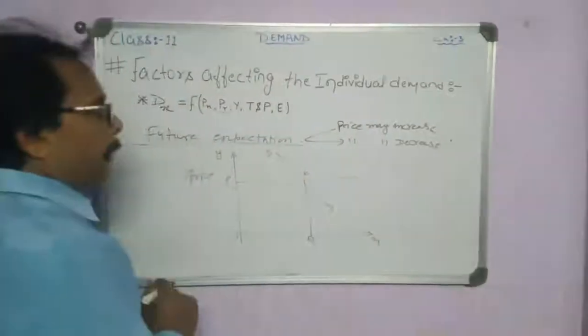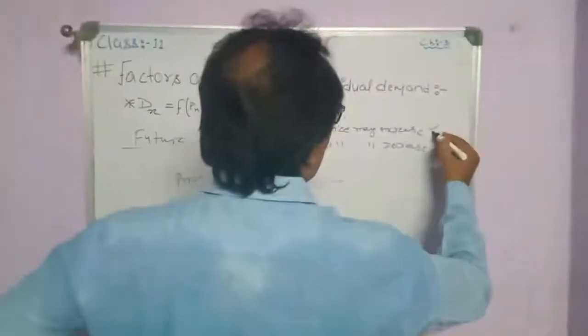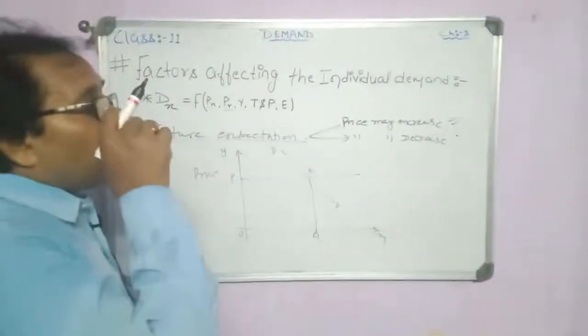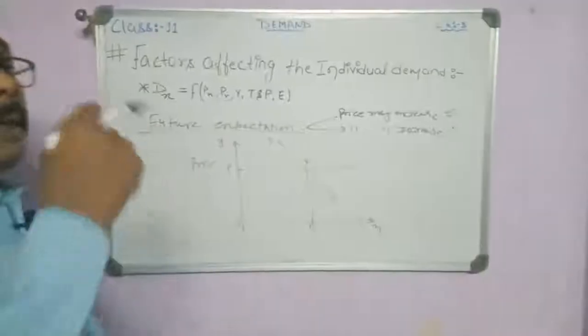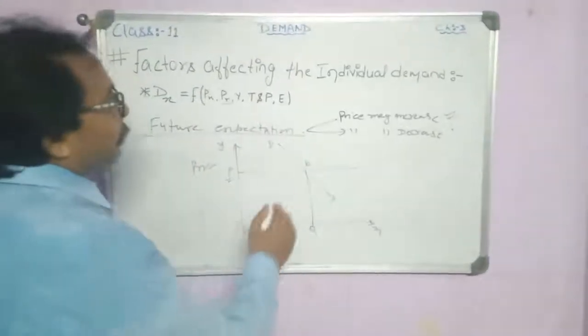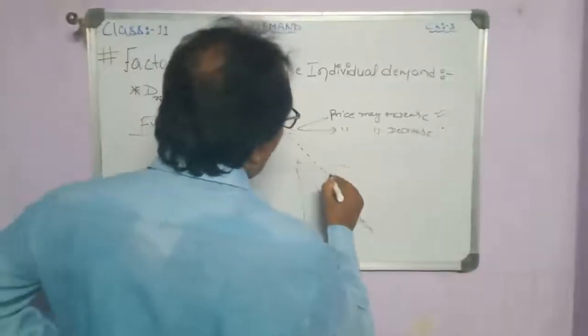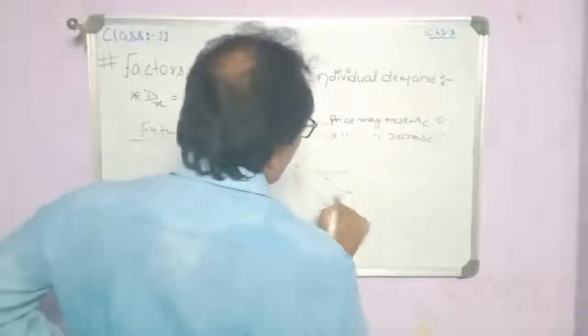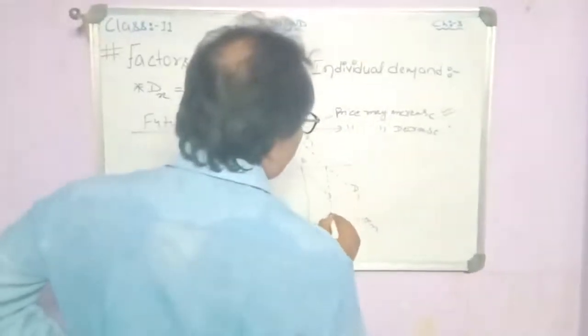demand is determined. And if I think so, that tomorrow or day after tomorrow, the price of the commodity will increase. So in that case, at the same price, we are ready to buy more quantity and we want to make a stock of it, because in future its price will increase.